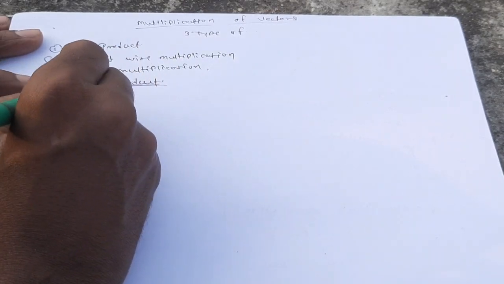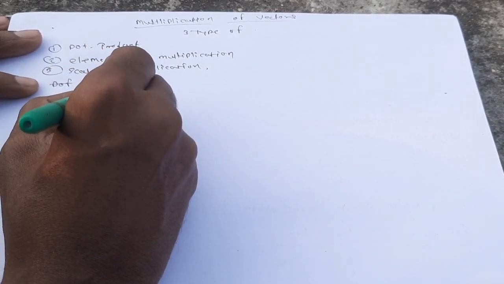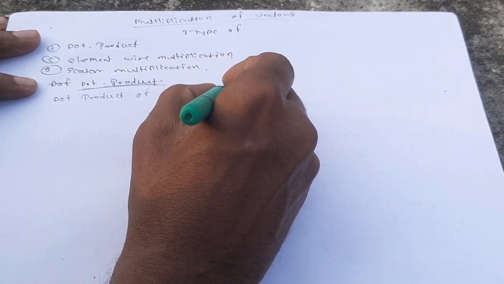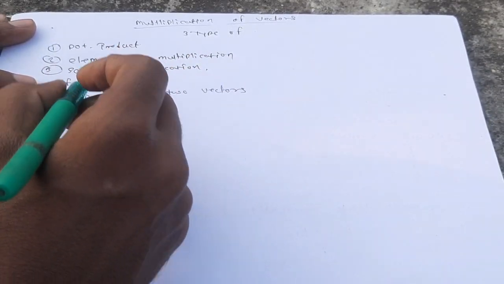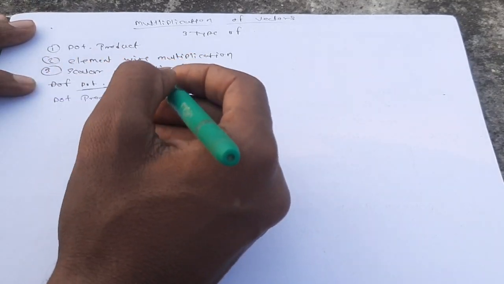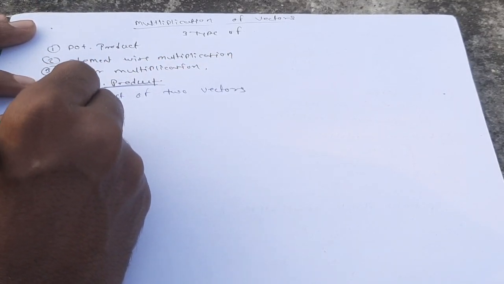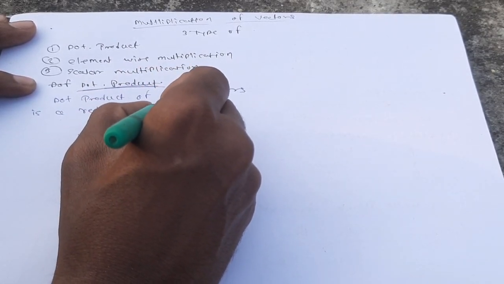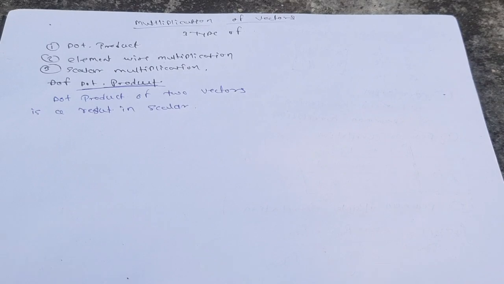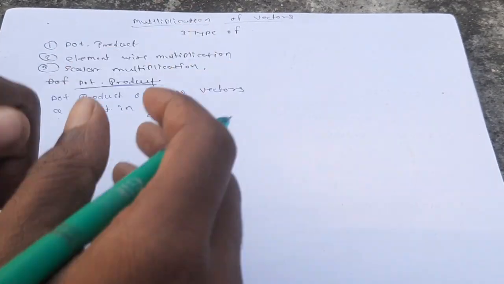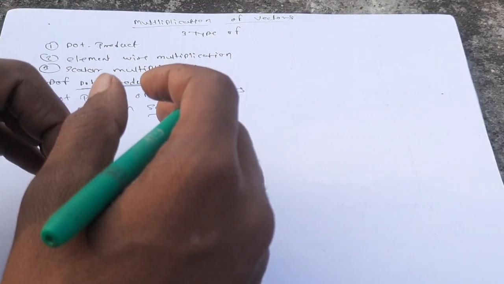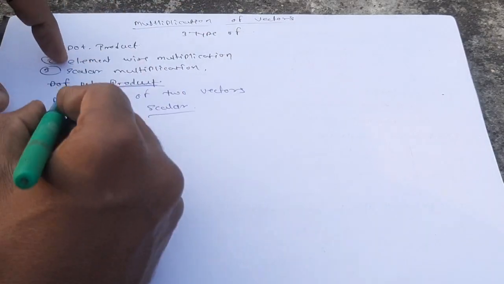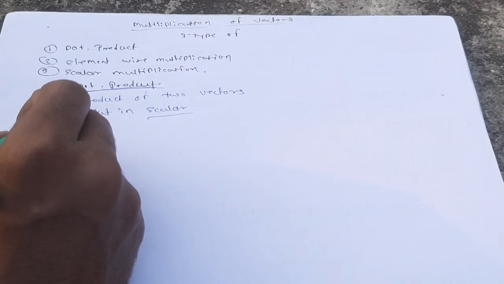The dot product of two vectors results in a scalar, right? What is a scalar value? If you see my previous video, we understood what a scalar value is. So let's start with the dot product.